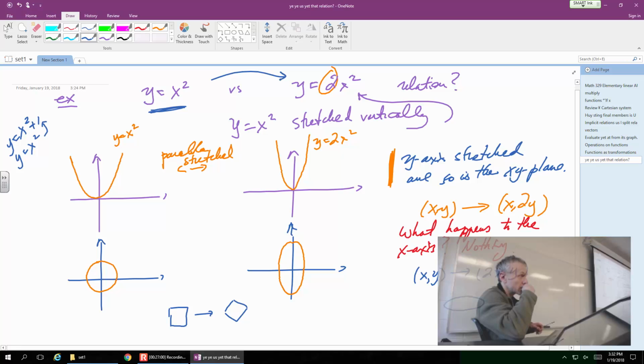What's the effect? First multiply x by 2. It means that there will be a stretching, or rather shrinking, in fact, along the x-axis. To accommodate this function, you'll have to shrink the plane horizontally.